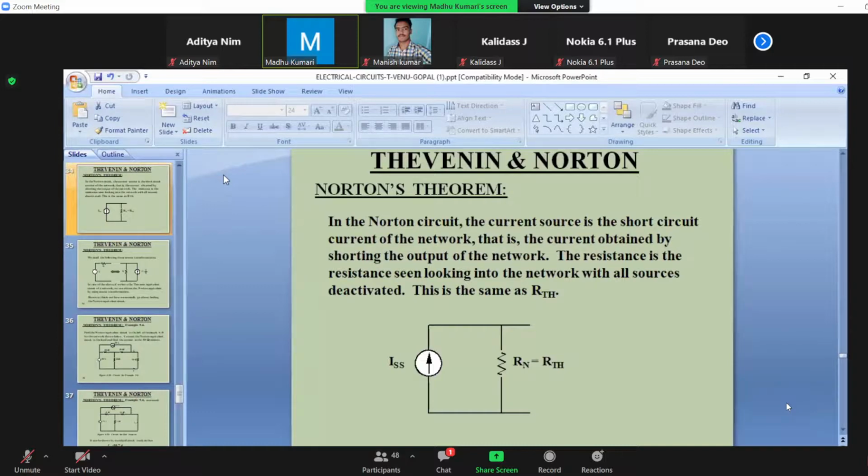Same thing, you have to know that in Norton's theorem, any bilateral network can be reduced to an equivalent network which has only one current source and one resistance connected in parallel with that. This is Norton's theorem. Okay? Now, come to the point.